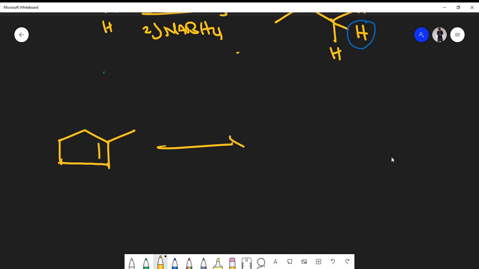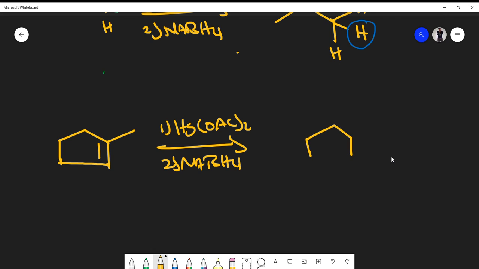If we take this molecule and we add, in the first step, mercury acetate, and in the second step, NaBH4 or sodium borohydride, these are the reagents for oxymercuration-demercuration. What would you expect to be the product?